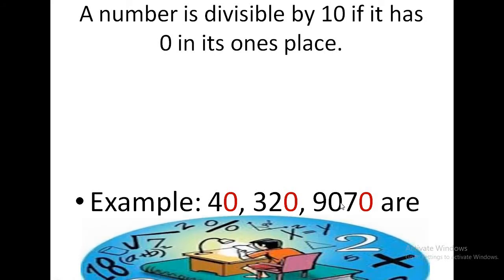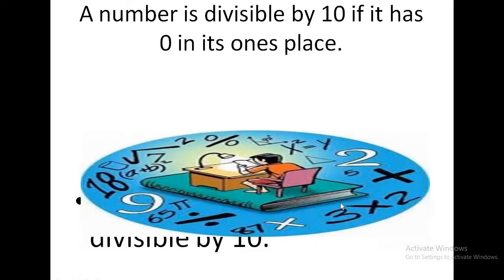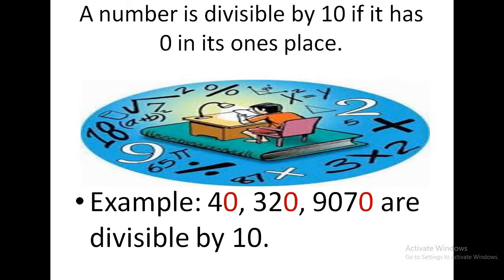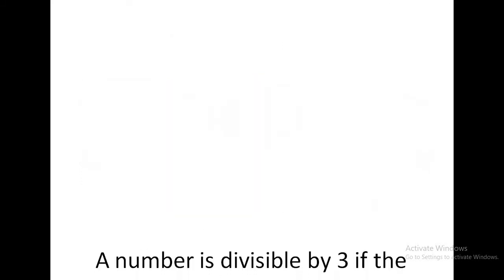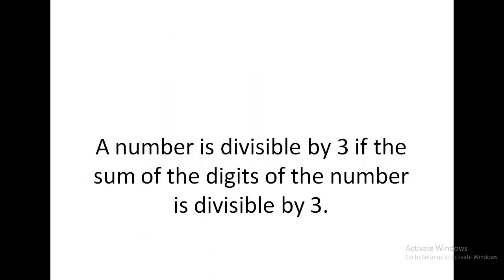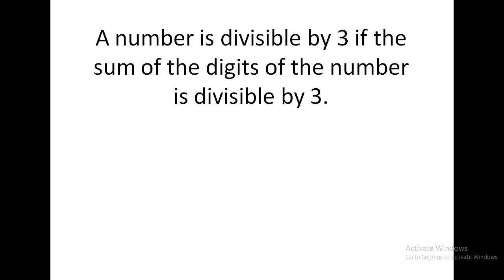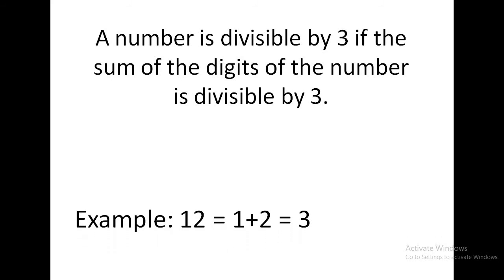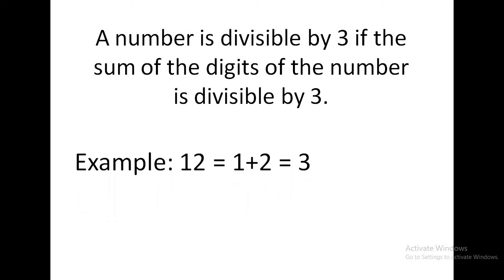Children, next is the divisibility test of 3. A number is divisible by 3 if the sum of the digits of the number is divisible by 3. So if you take any number, you have to add all the digits in that number. First, let us take the example of 12, a small number.